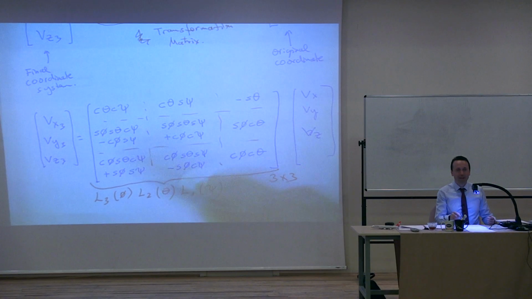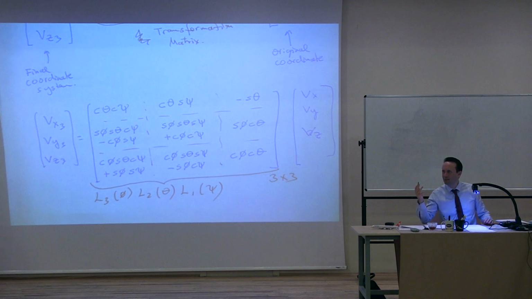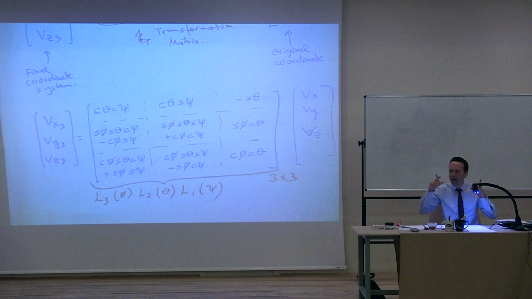So you have to find this transformation matrix only once. Let's say in the exam, I ask you to find a transformation matrix from the vehicle to a body, okay? And you make your calculations, you do sines, cosines, transformations, you find the transformation matrix. In the second question, I will ask you the opposite. Find the transformation matrix going from body to vehicle, or from vehicle to body, whichever. And all you need to do is find the transpose.